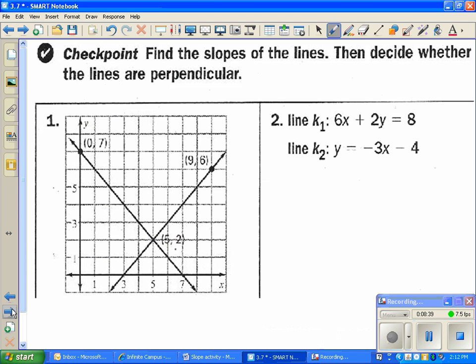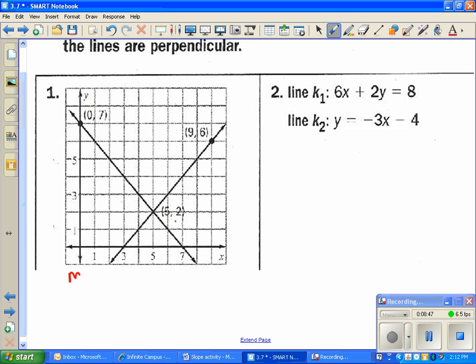All right, so we're going to find the slopes of the lines and then decide whether they're perpendicular. Now remember, you can find the slope by doing rise over run. So the slope of, let's call this line A, and this one over here, line B. So the slope of line A, we went down 1, 2, 3, 4, 5.